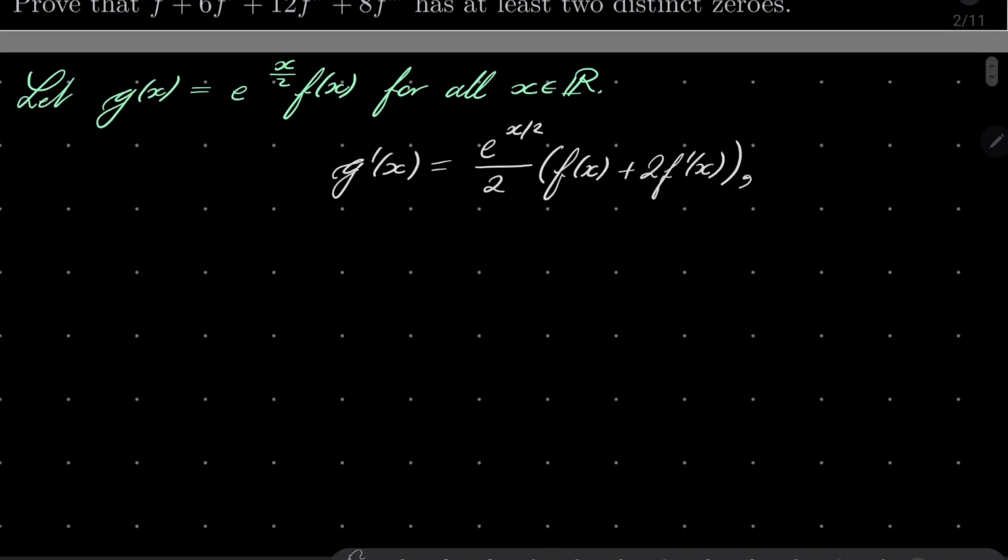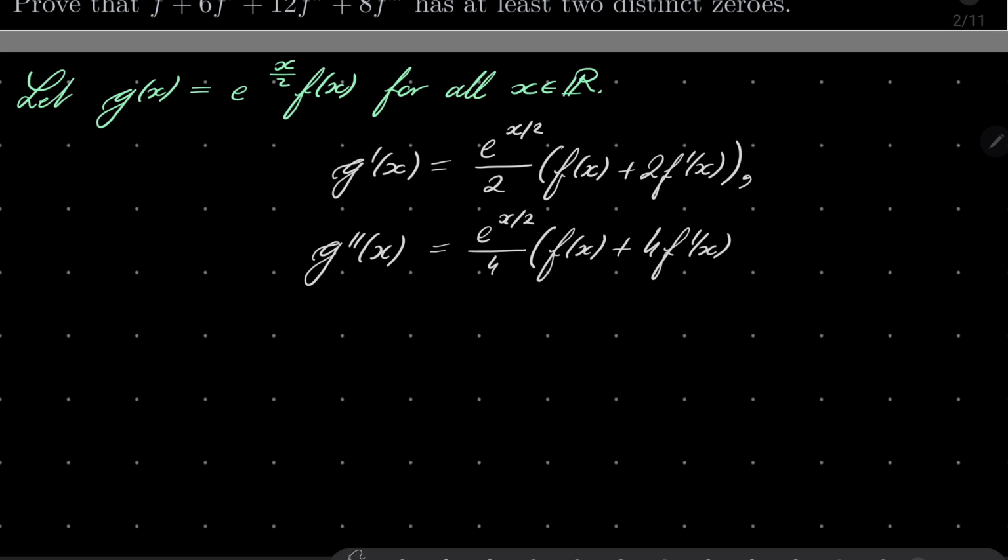After the second differentiation, we have e to the power x over 2 over 4, and this time we have f of x plus 4 times f prime of x plus 4 times f second derivative.